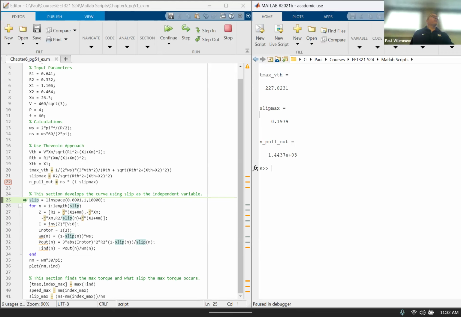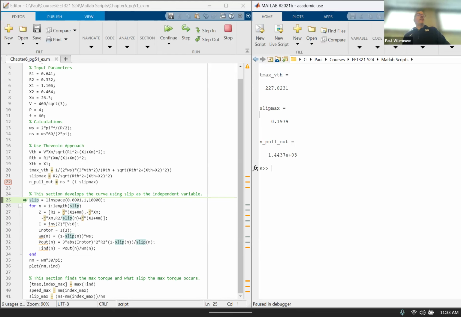Again, it's not perfect because when you enter things in MATLAB, you can enter things with a lot of precision. Remember on the slides, it's 255 point whatever. When you do it in your calculator, it's not going to be as accurate as keeping it all in MATLAB. But they should be pretty darn close. Okay, so this is just doing the Thevenin equivalent approach.